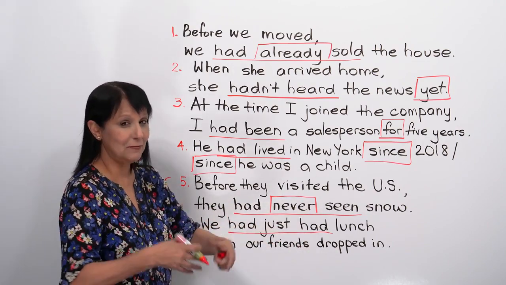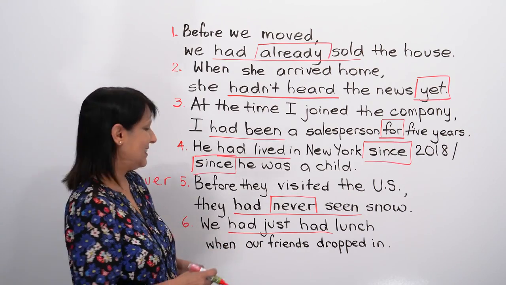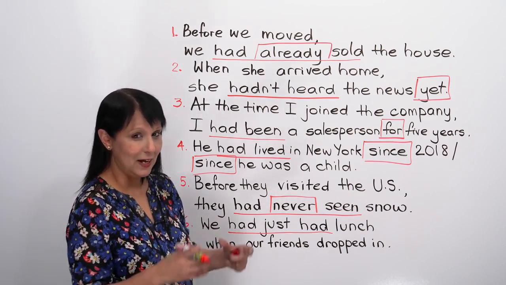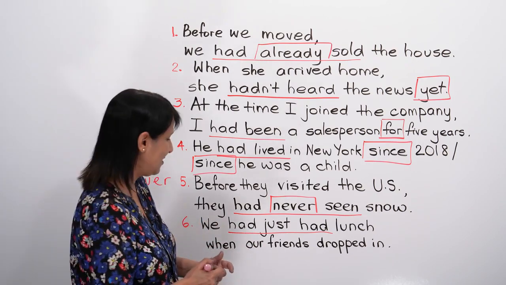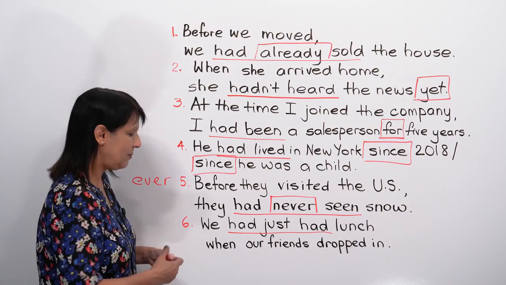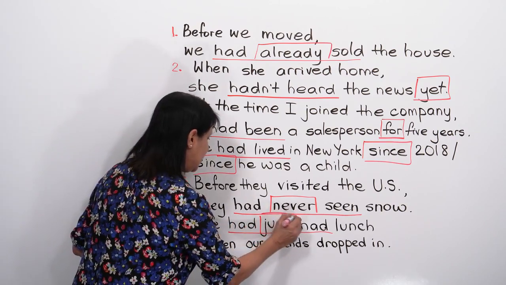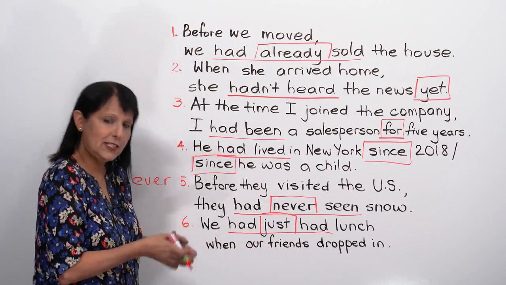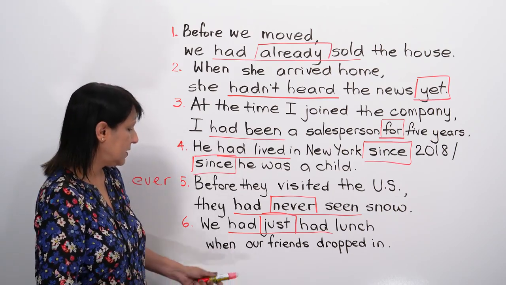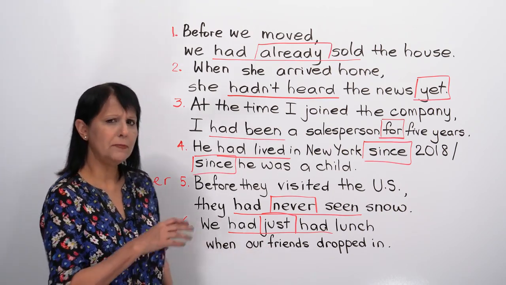To have lunch, to have breakfast, to have dinner, to have a snack, to have some coffee, to have some tea. We have this expression with lots of food and drink, all right? But the common expression here is the word just. We had just had lunch, means a very short time ago, before or when our friends dropped in.